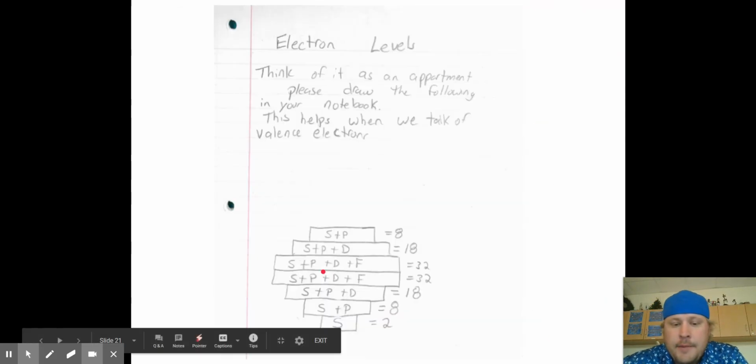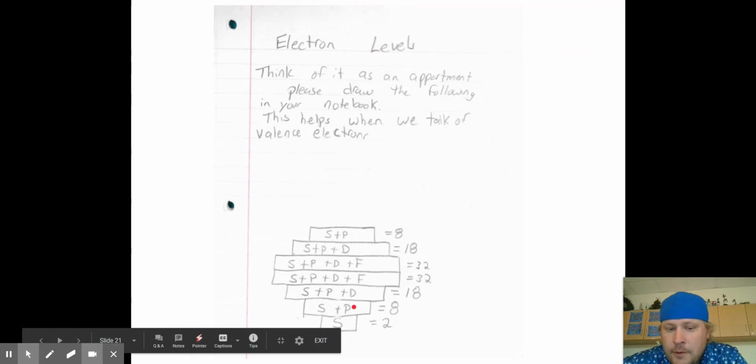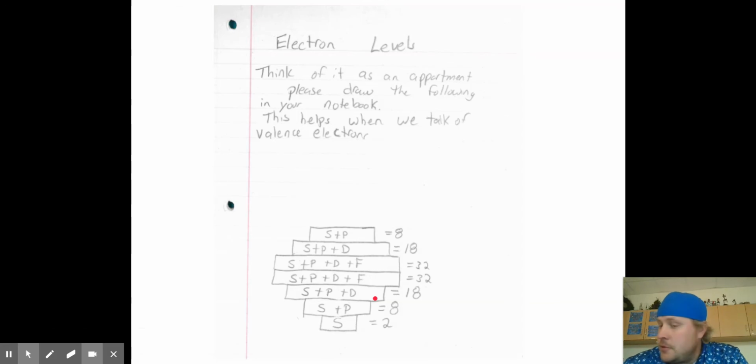So what happens is we are going to first fill in the first floor of electrons, and then we're going to fill in the second floor, the third floor, fourth floor, fifth floor, sixth, and seventh. So we're going to keep working our way up. It just works like that because we don't want things jumping all the way up to the top floor. We don't want to spend that energy if we don't have to, if we are the hotel manager.